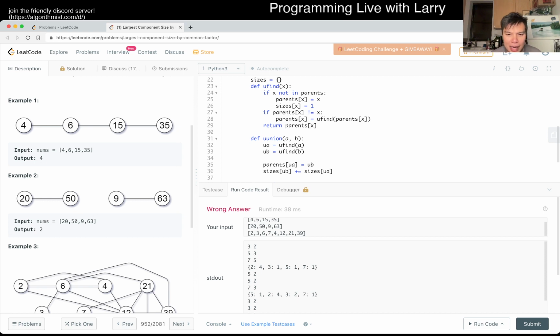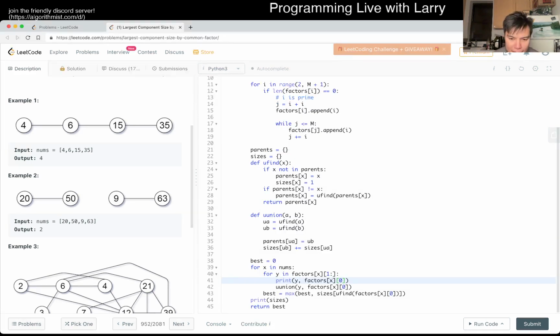And what I mean by that is, I think I'm handling the size in a weird way. Because basically we have these components. Okay, I am just handling this in a really weird way.